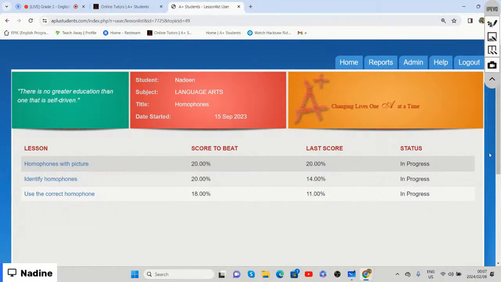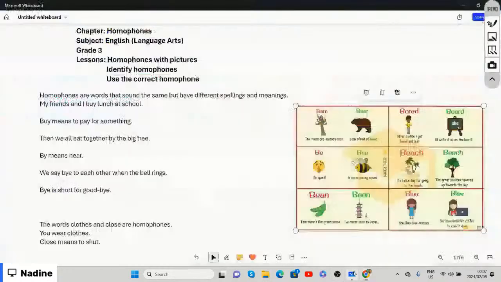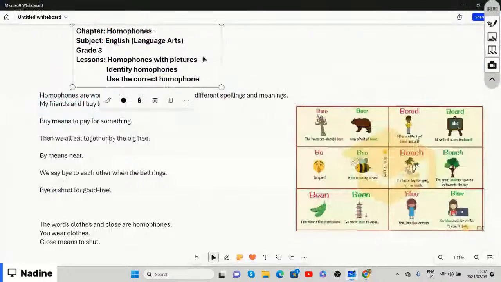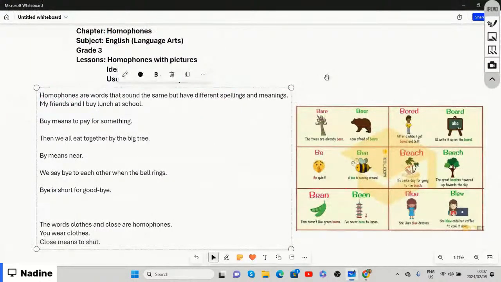All right. So our chapter is homophones. Our subject is English, which is language arts, grade 3.